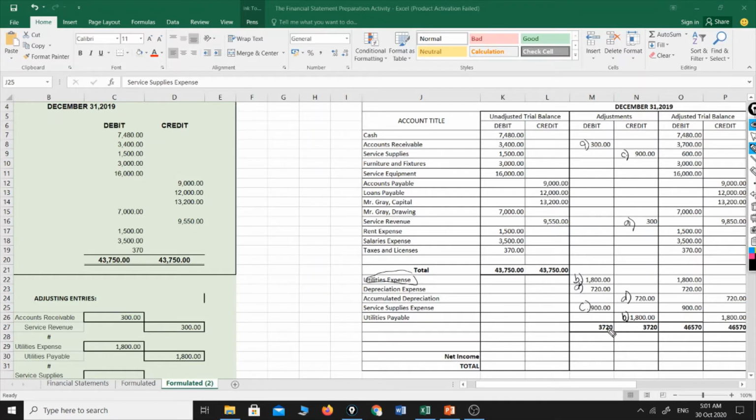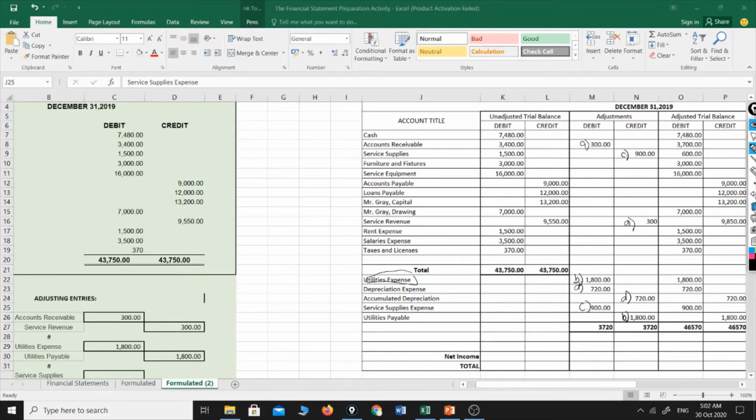Always remember that the debit and credit column should always be equal. Okay, so if it is not equal, for sure there is something wrong with your entries. So this is how we do this part. We will just reflect all the adjusting entries to its related account titles.